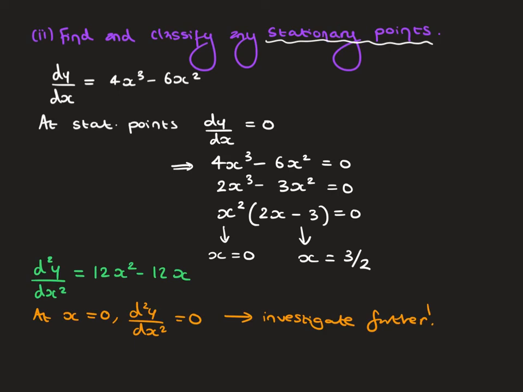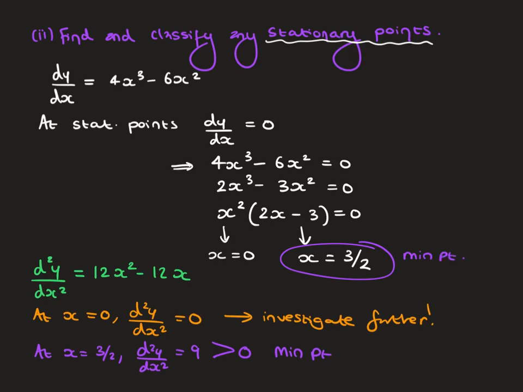We don't know for certain until we check dy by dx. Now, at x equals 3 over 2, the second derivative is equal to 9, which is greater than 0, so this is absolutely fine. This is a minimum point. So this one is a minimum point, and we can work out its y coordinate in a minute.